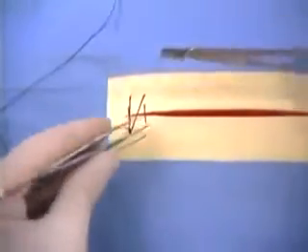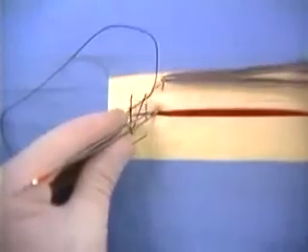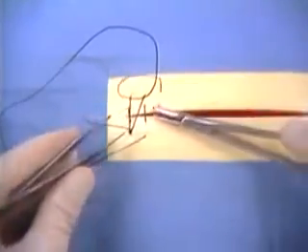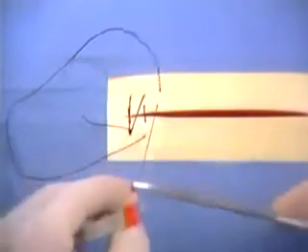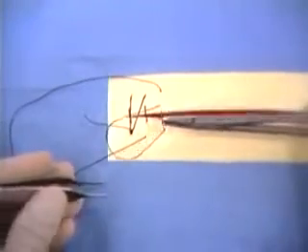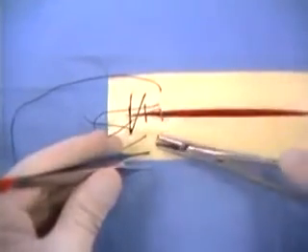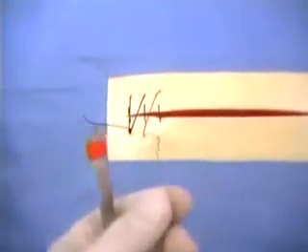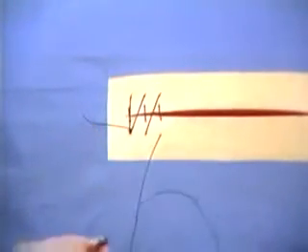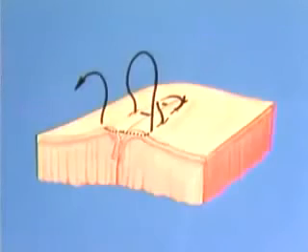The needle is then passed across the incision to the opposite side and is introduced through the serosa and muscularis adjacent to the incision. It is passed out the serosal surface perpendicular to the incision line and advanced in an identical, continuous manner. If the suture is pulled tautly, the pattern will invert. This illustration shows a completed and tightened Lambert suture pattern.